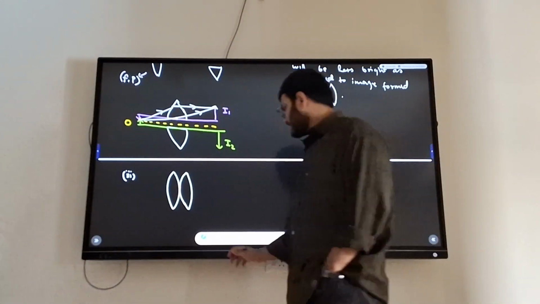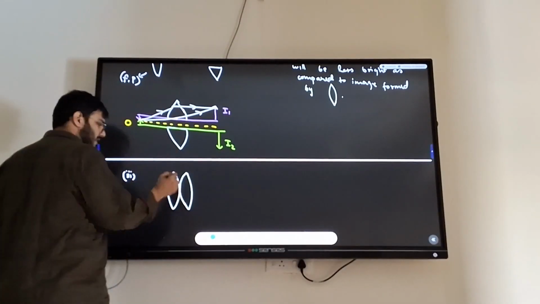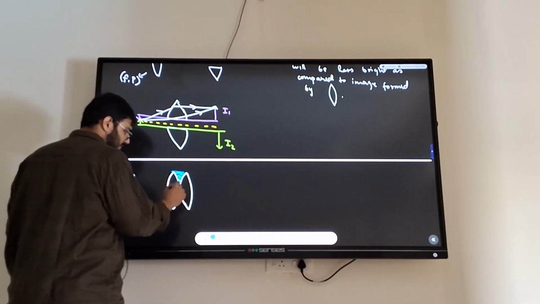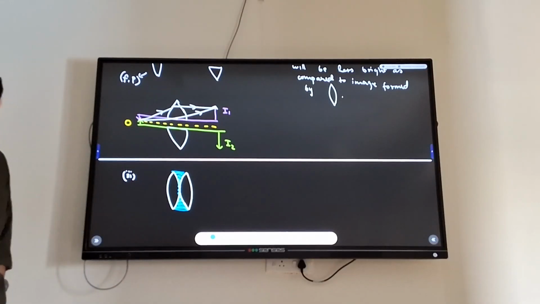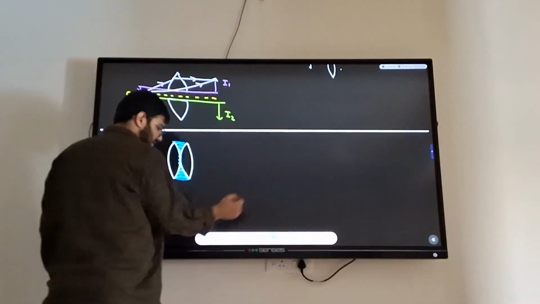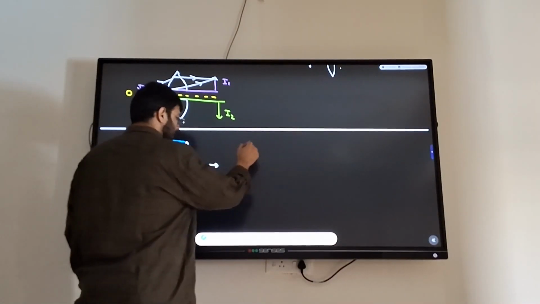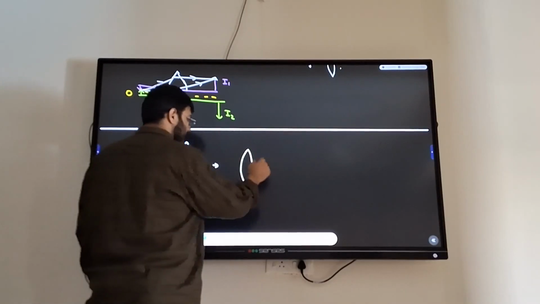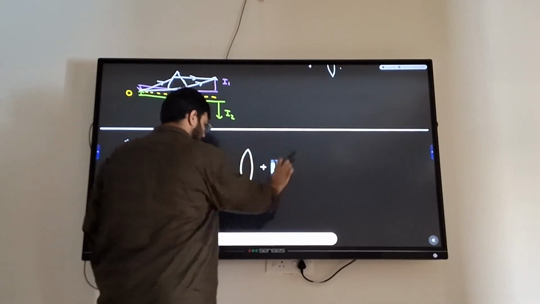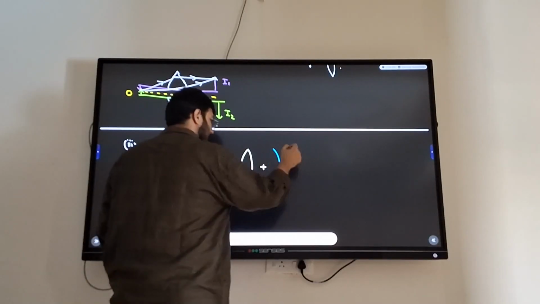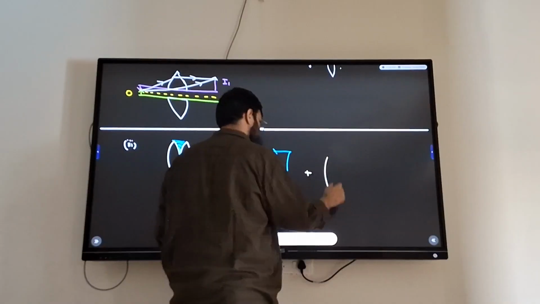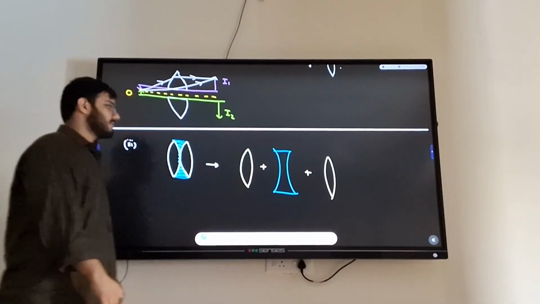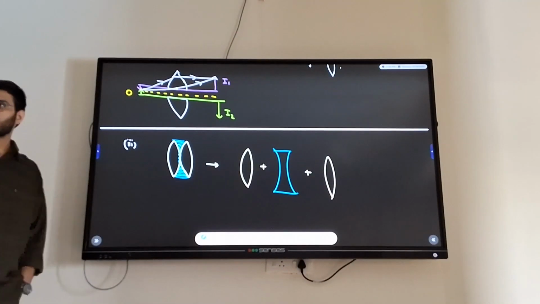But now let's say if I place some kind of liquid or maybe some kind of material in between them, then what will happen? Then how should I imagine this? I can imagine it like this. Maybe I can consider this is one lens which is connected to another lens. And what is that lens? Something like this. Yes. And then there's a third lens. Do you understand?